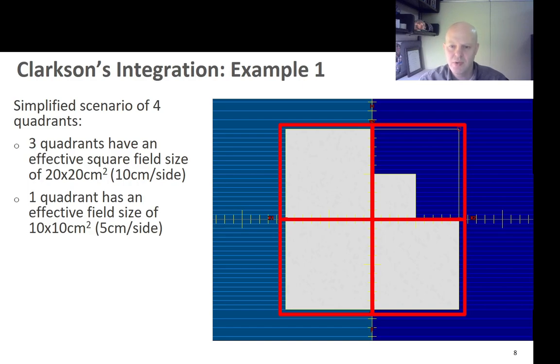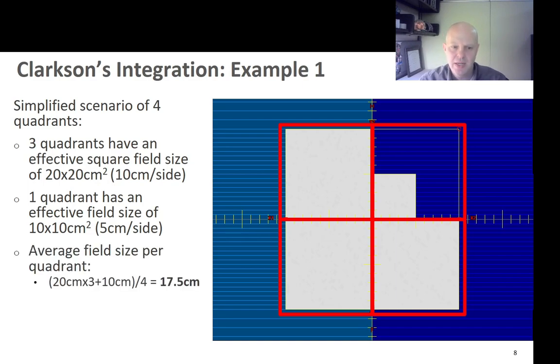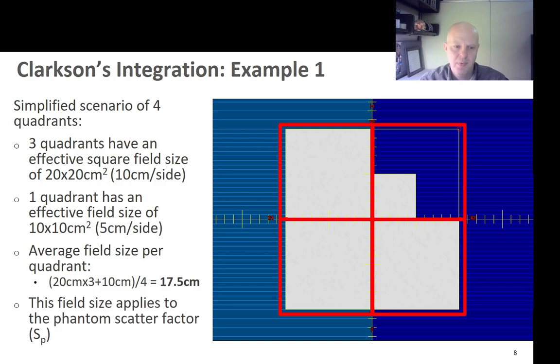If we were to use the same principle as that used in Clarkson's integration, we're basically dividing this into 4 categories and taking the average field size of those. And so we end up with an average field size of 17.5 cm, which would make some sense, right? It's between the two values there, the 10 cm field size and the 20 cm field size.